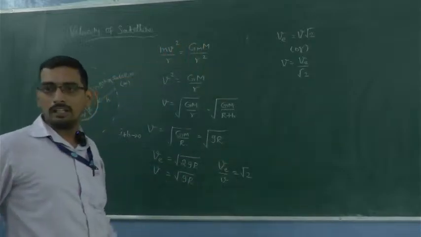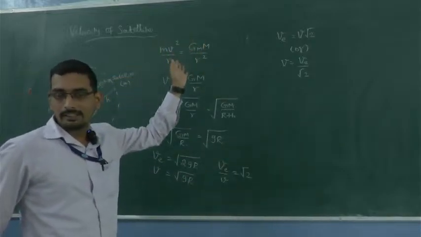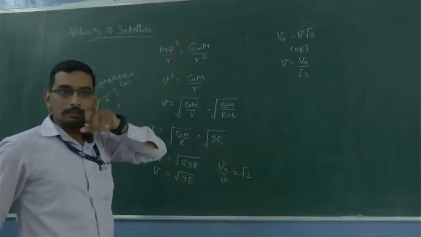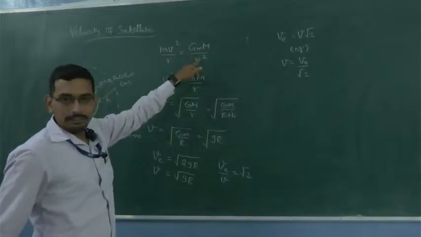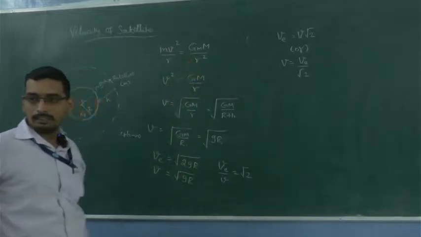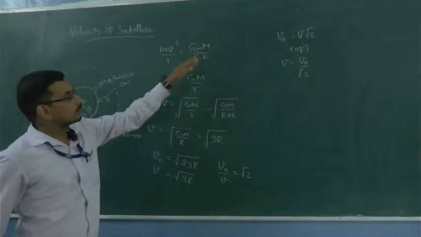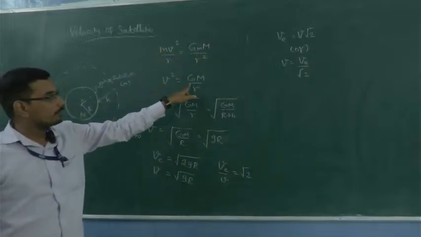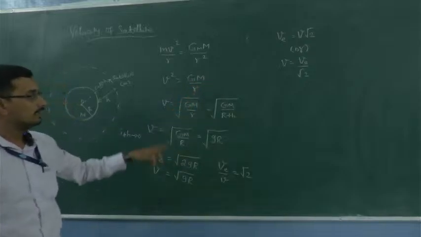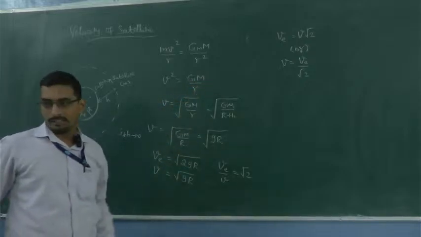Gravitational force formula is G m1 m2 by distance square, where m1 and m2 are the mass of Earth and the mass of the satellite. The distance between the Earth's center and the satellite is small r. After cancelling small m and small r, we get v square equals G capital M by small r, or v equals root over GM by small r.